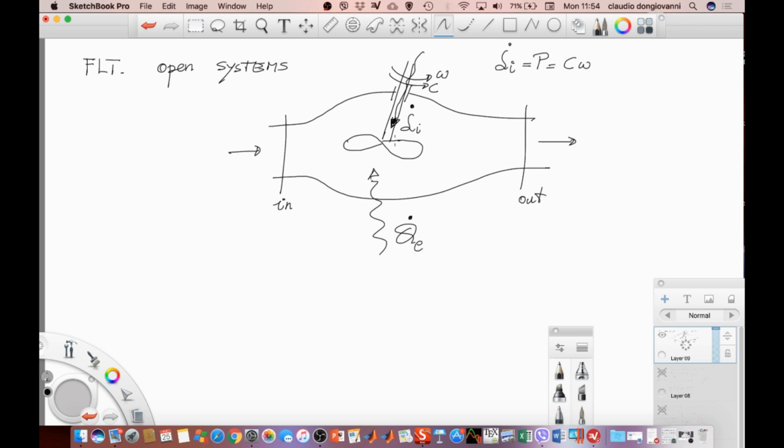Li is different from L, because L was defined as the full amount of work done by external forces. We have other external forces because we have forces here, here, and also here, around the boundary.